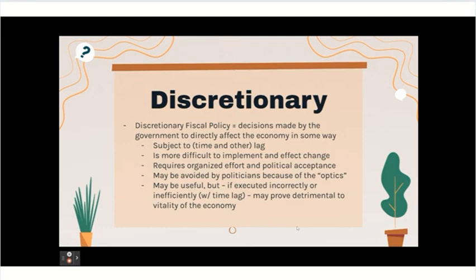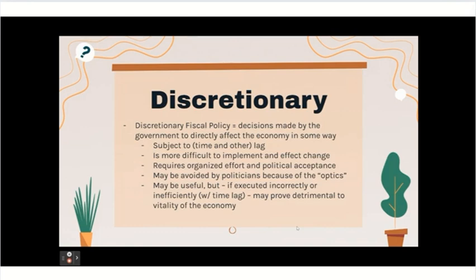It's like when you have a headache or a fever, your body's still fighting that fever on its own. But what you can do to help is take some Advil. The Advil in that analogy is discretionary fiscal policy.